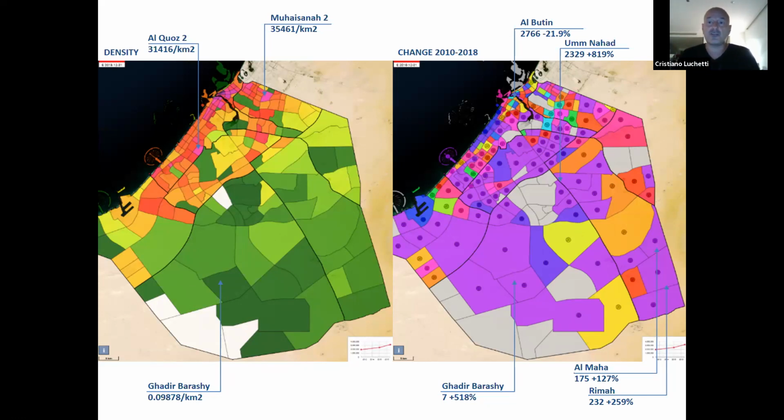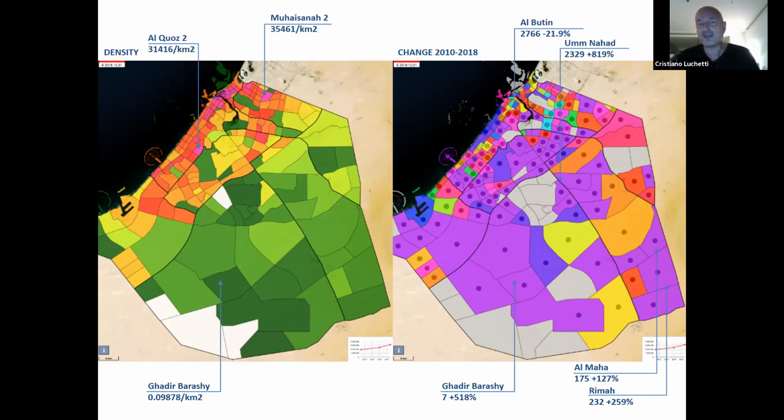And also how this changed, because there is some level of transformation. The density changed between 2010 and 2018 in some areas, while in the center of the city it went down almost 22%. In the desert, because it starts from almost 0, even with 7 persons, it goes up 518%.